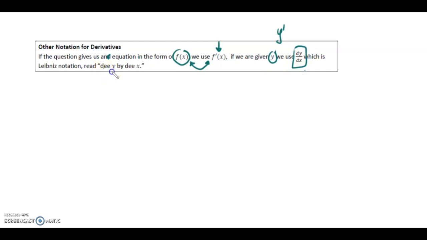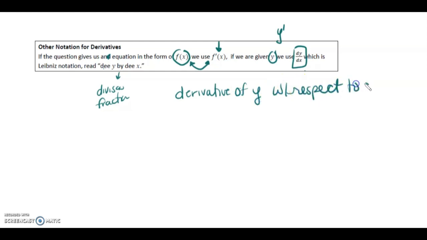Okay, it's read dy by dx, right? By would be like that division symbol or the fraction symbol. Okay, so dy by dx. And all this means is the derivative of y with respect to x.